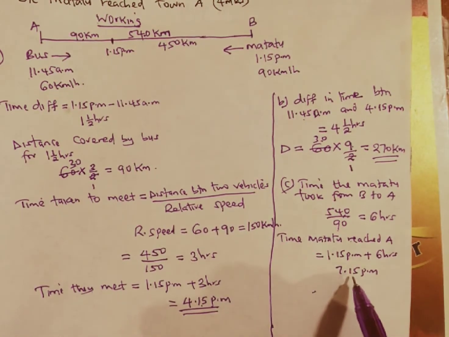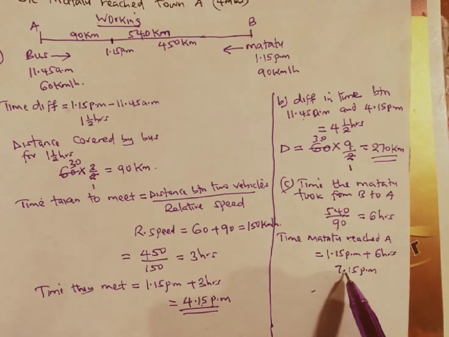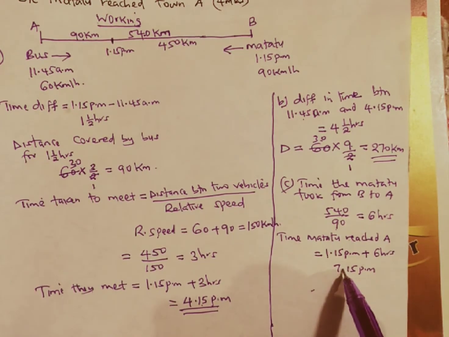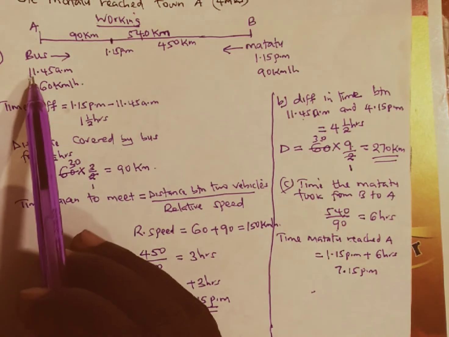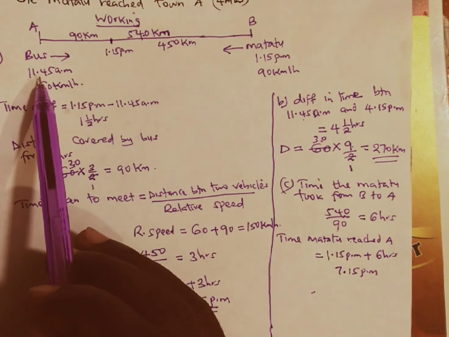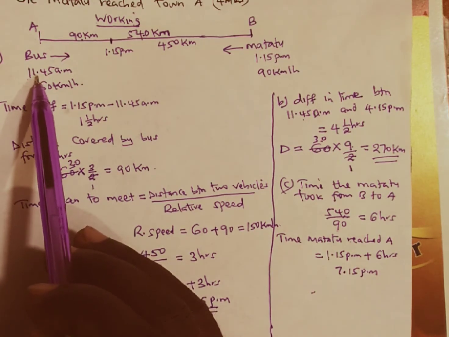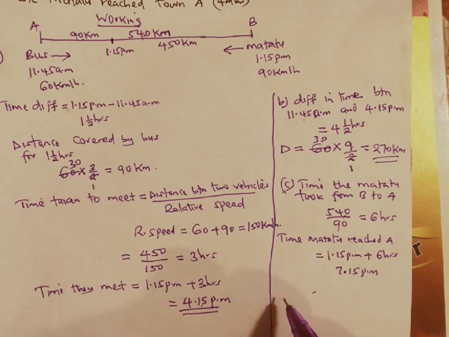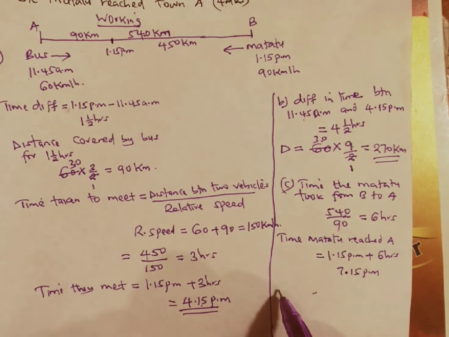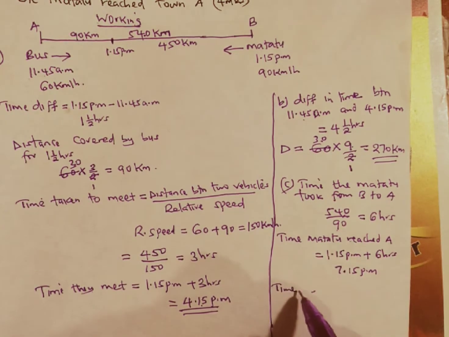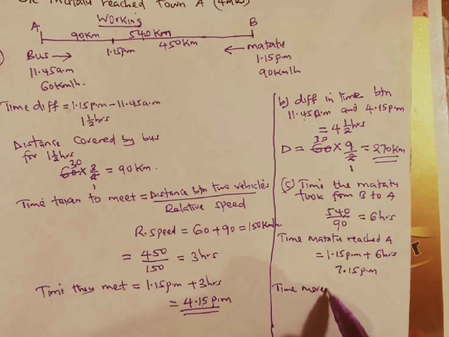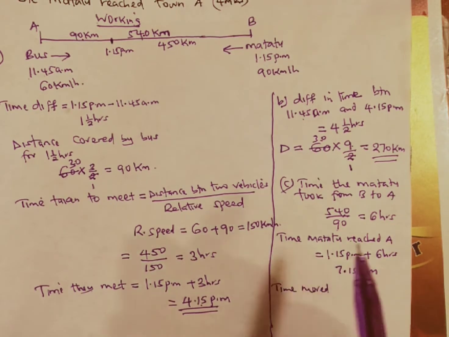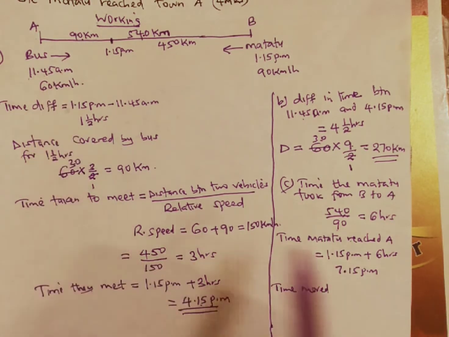So since the matatu reached A at 7:15 p.m. and the bus started at 11:45, we need to calculate the total time between 11:45 and 7:15. So we have now to go to the time moved, because the bus was moving all this time.